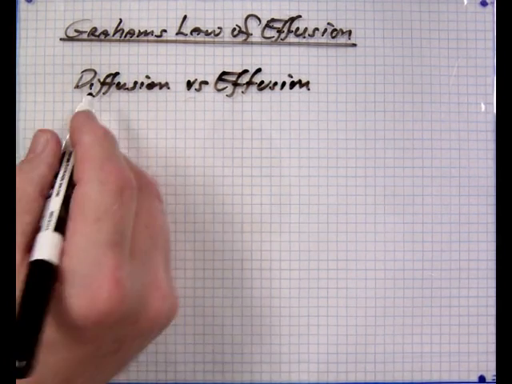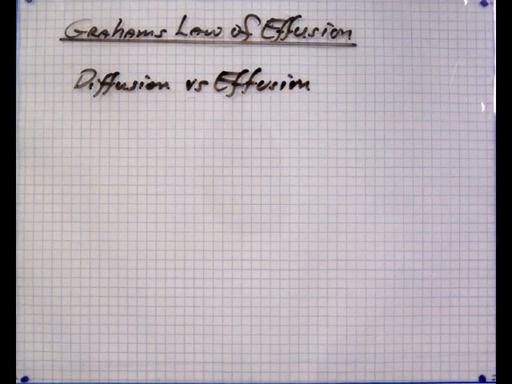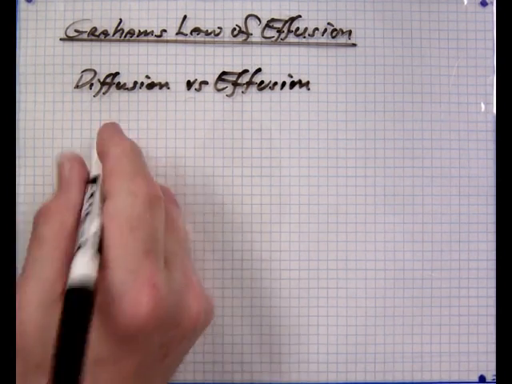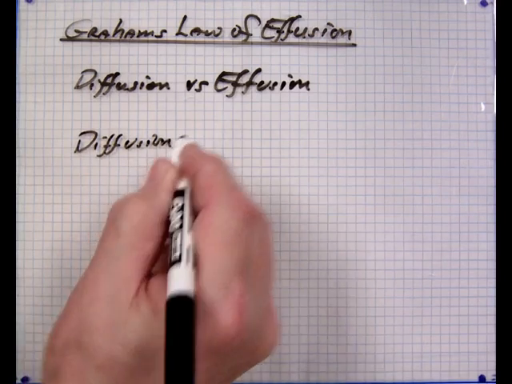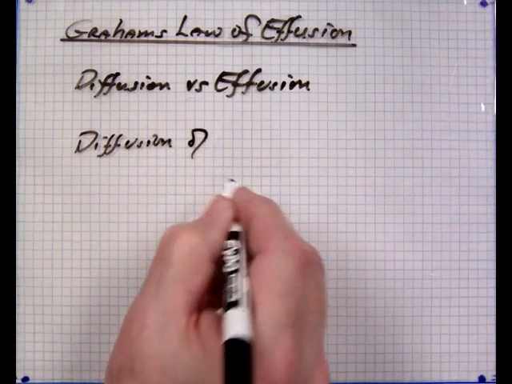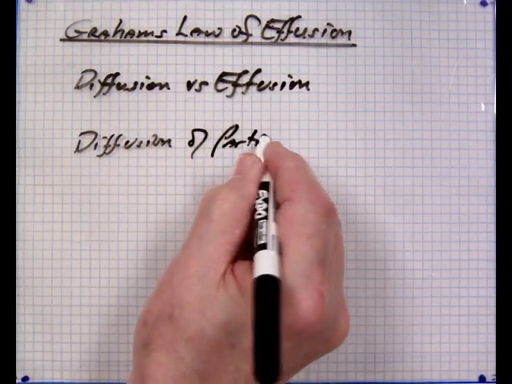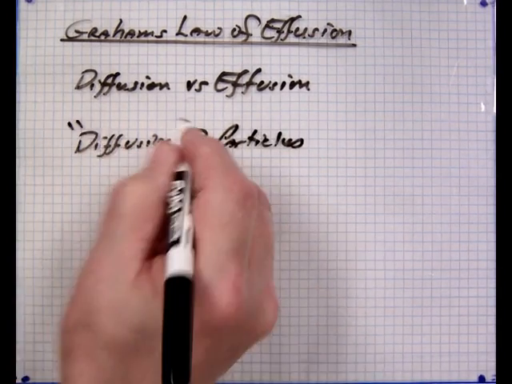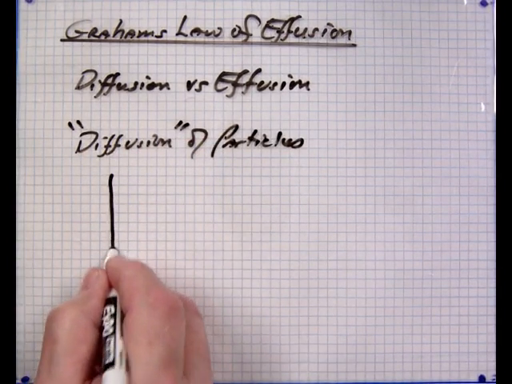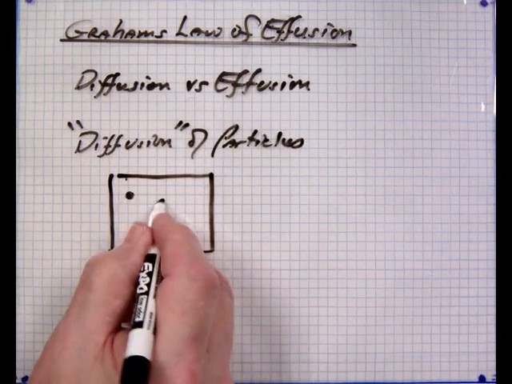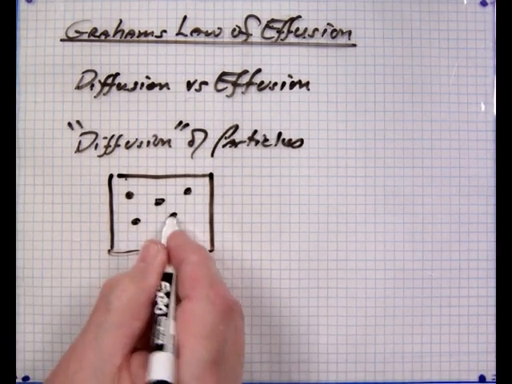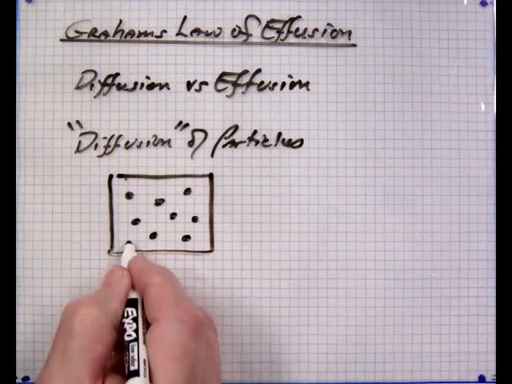Diffusion is the random motion of particles within a container. If we had a container with a number of particles in here, and isolating just one.